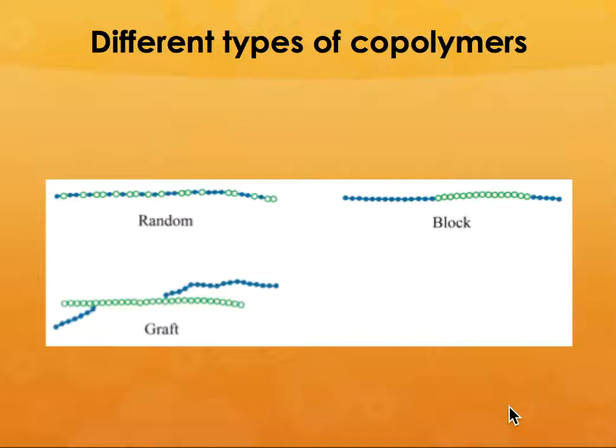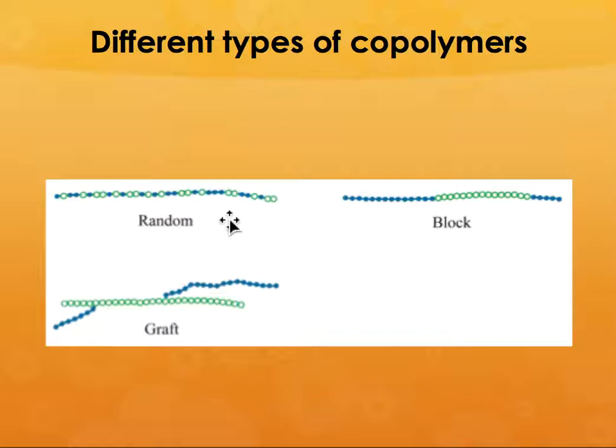You can also create different kinds of chains based on what are called copolymers. Copolymers means you are taking two different types of atoms and bunching them up together and creating a new molecule. That molecule can have a random type of structure, which means one atom will be of one nature, another atom will be of another nature.